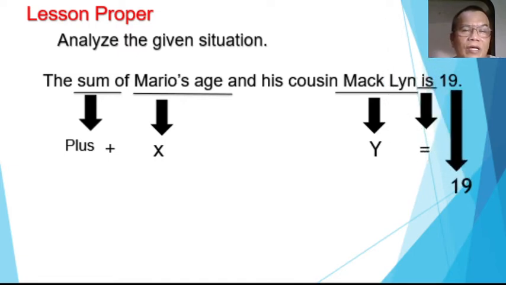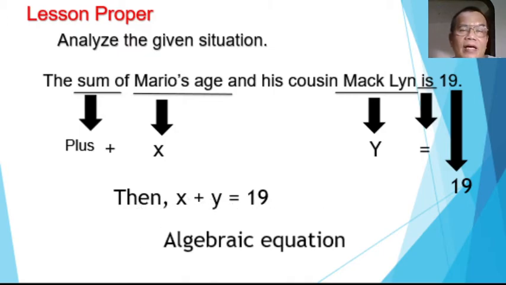Now, if you will see on the given data, you have already the plus and the equal. So you can write x plus y equals 19. And x plus y equals 19 is what we call an algebraic equation. So that is already an algebraic equation.